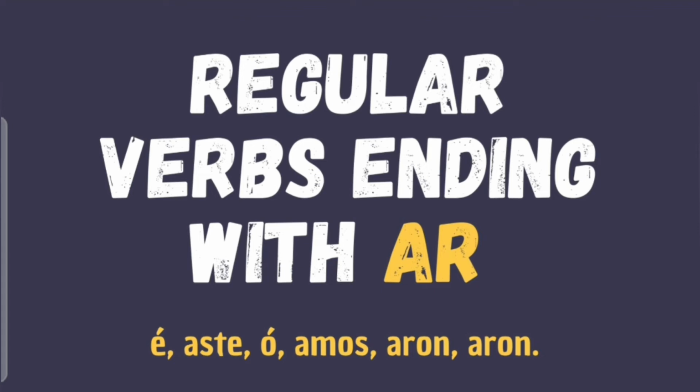So remember, with the personal pronoun yo, your verb in the indefinite past has to end with é. With tú, aste. With the third persons, he, she, it, él, ella, eso, your verb has to end with ó, with an accented letter o.